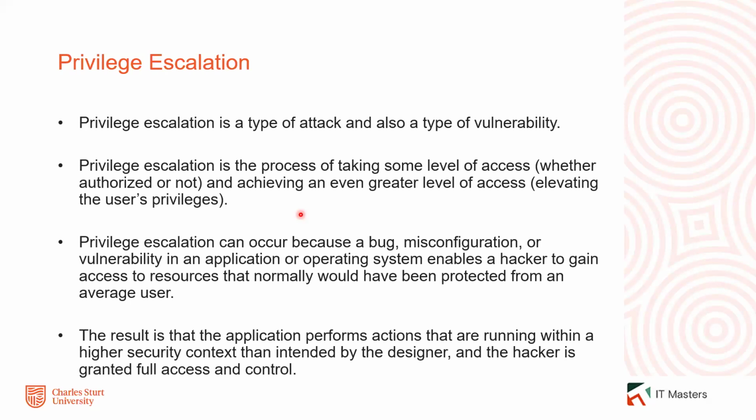So you get the initial access into the system, you get the foot in the door, and then you start to elevate above that. Privilege escalation can occur because of misconfigurations, because of lack of patching, so you've got bugs in your systems, or other vulnerabilities that are built into your applications or your operating systems.